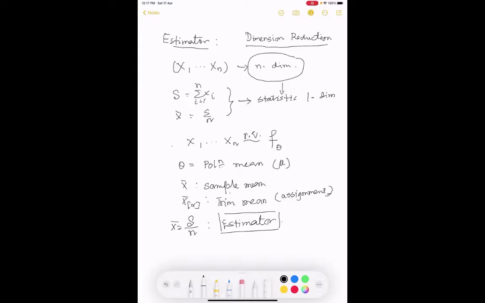While reducing the dimension, we may lose some information.